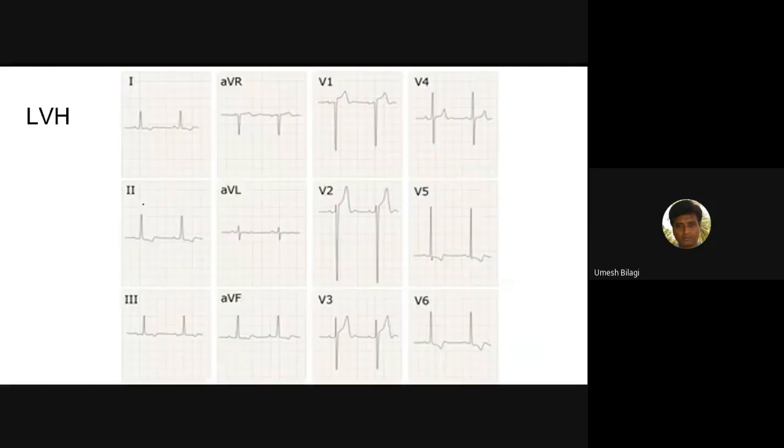Then we'll talk about left ventricular hypertrophy. Look at the S wave in V1 and the R wave in V5 or V6. You have to add them, the negative part and the positive part.